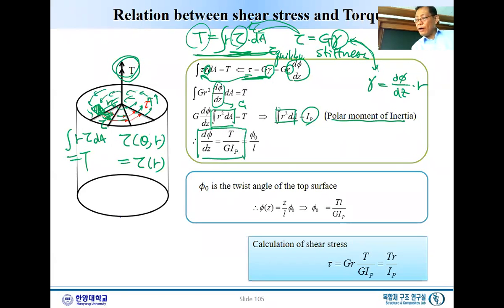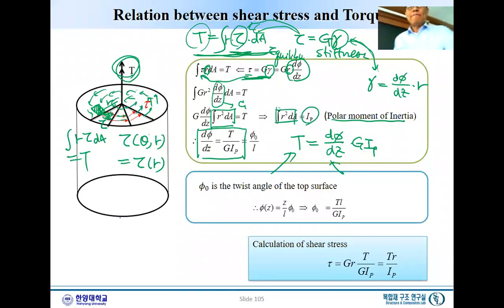Okay, this is the final equation we come up with. Say this is the torque we apply, and this is the deformation we observe. Okay, that's the overview of the torsion theory.